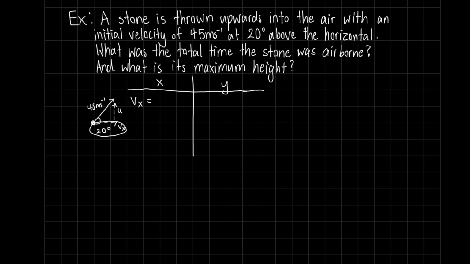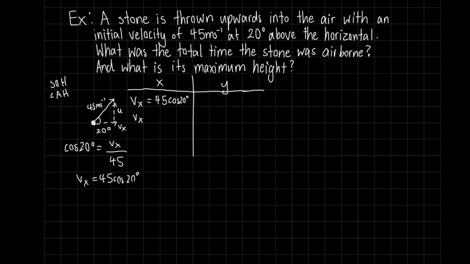And using trigonometry, we know that cosine would give us this component. So this would be 45 multiplied by cosine 20 degrees because, well, SOHCAHTOA, we know that this is adjacent over hypotenuse. So cosine 20 degrees would really be Vx divided by 45, and move it over, Vx would just be 45 multiplied by cos 20 degrees.